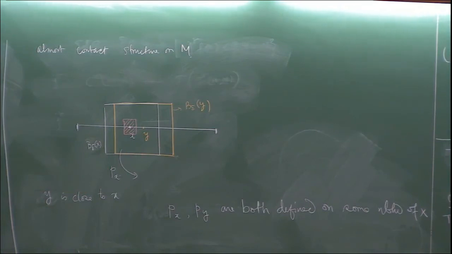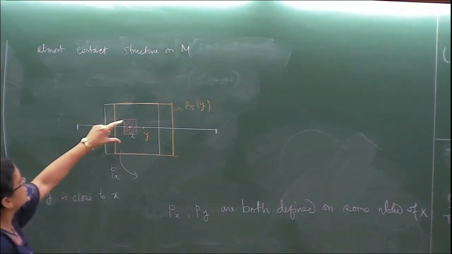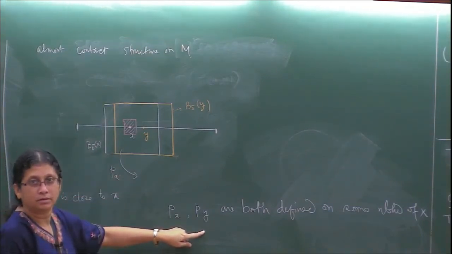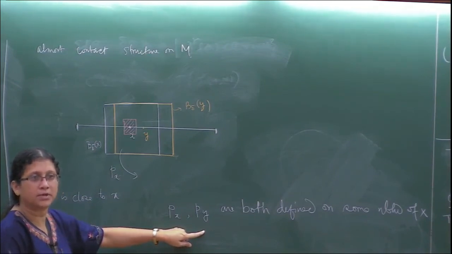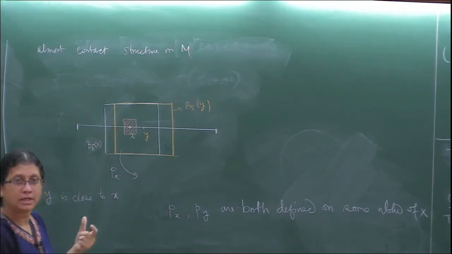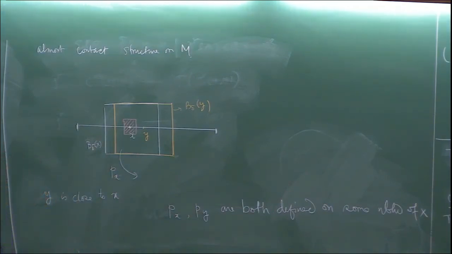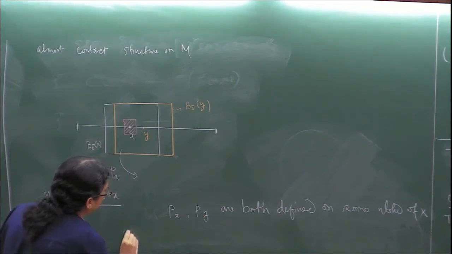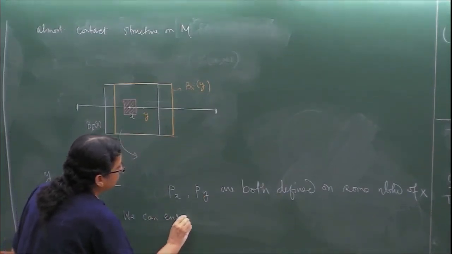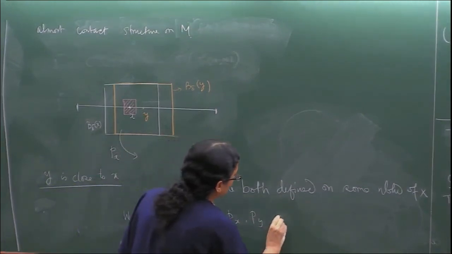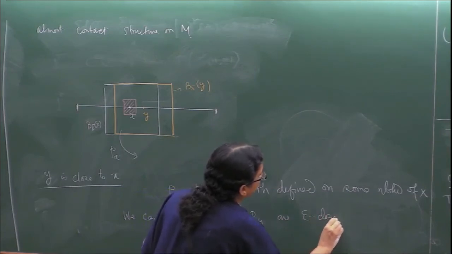And if I take it suitably, I know that Px and Py are also very close. Right? Because the way we have chosen the representative continuously, Px and Py will be sufficiently close on this neighborhood if x and y are sufficiently close. So if y is close to x, Px, Py are both defined, and not only that, we can ensure that Px, Py are epsilon close, means arbitrarily close, I mean.